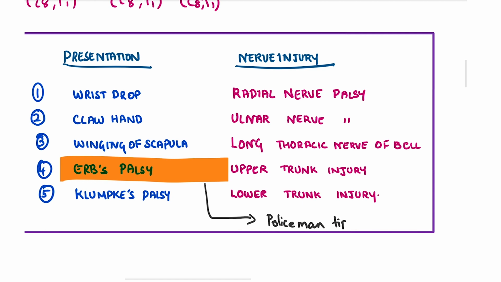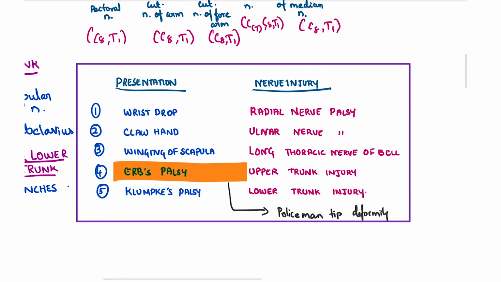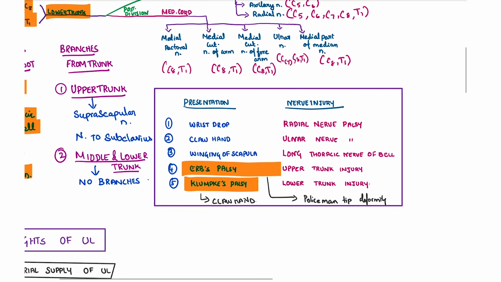And lower trunk injury causes Klumpke's palsy. The characteristic feature of Klumpke's palsy is claw hand.